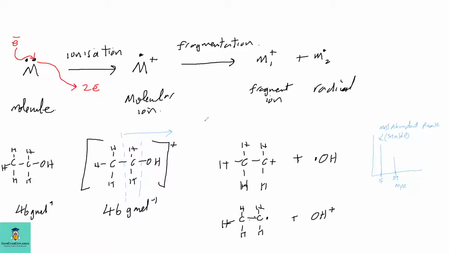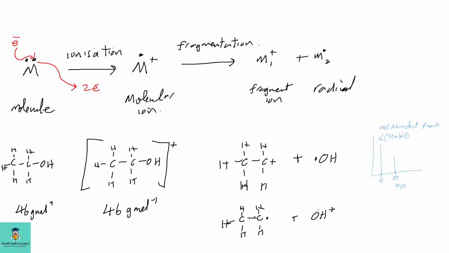So if you're looking at the two examples, where we form this fragment ion and the free radical, we could also form the fragment ion being OH+ and the C2H5 becoming the radical. And the machine will not be able to identify the free radical, but only the fragment ion.